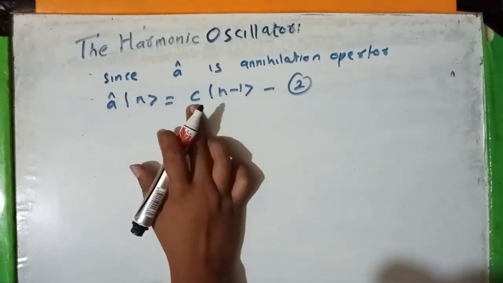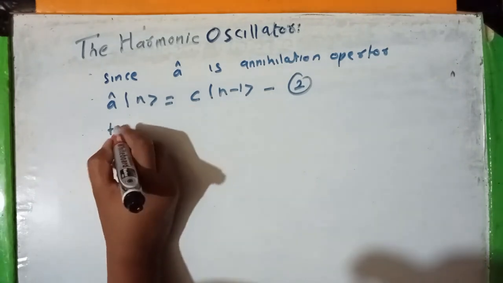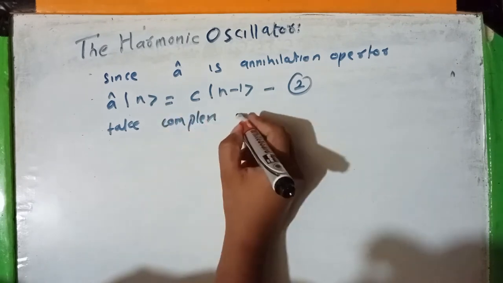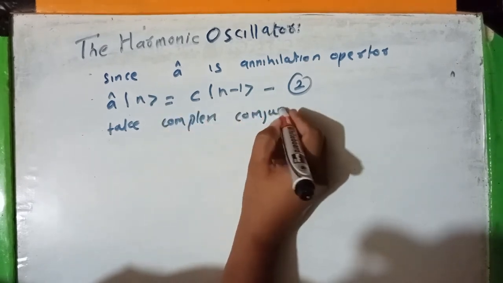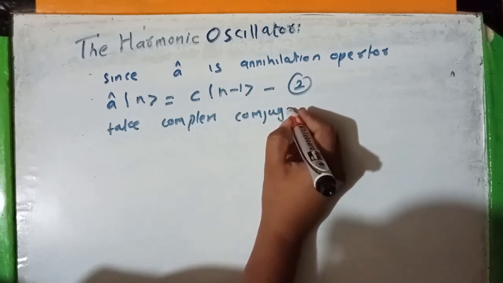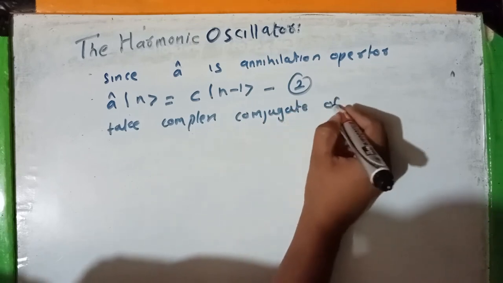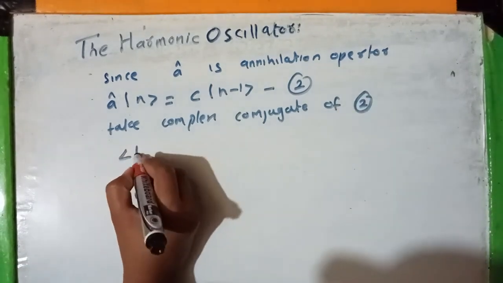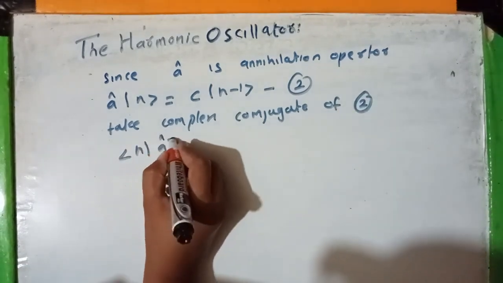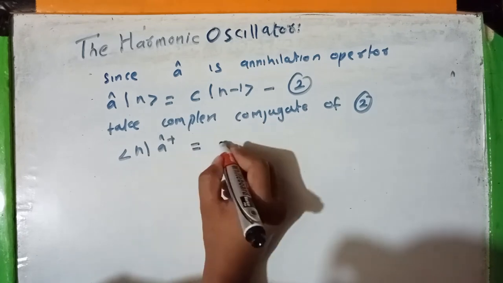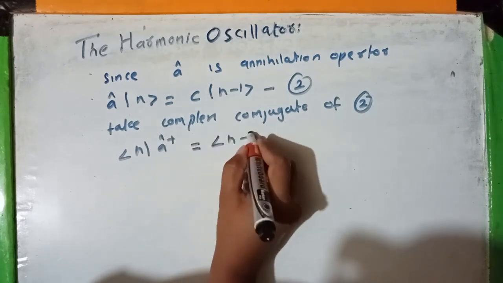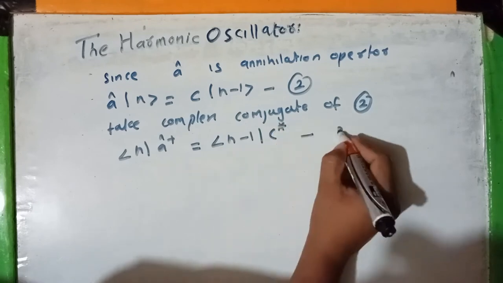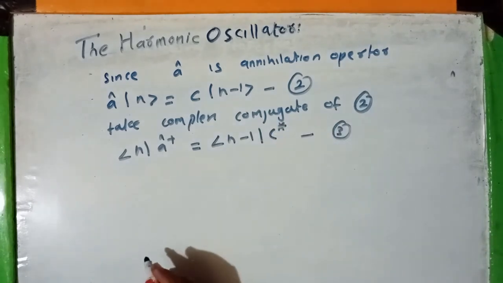Now we'll find the value of C. Take the complex conjugate of equation 2. So this becomes n a dagger is equal to n minus 1 C star. This is equation number 3.